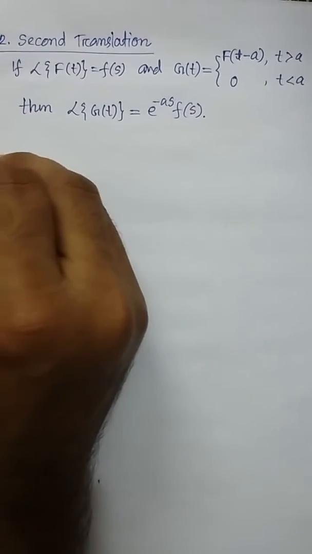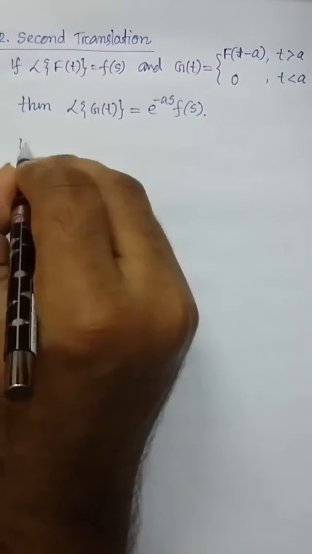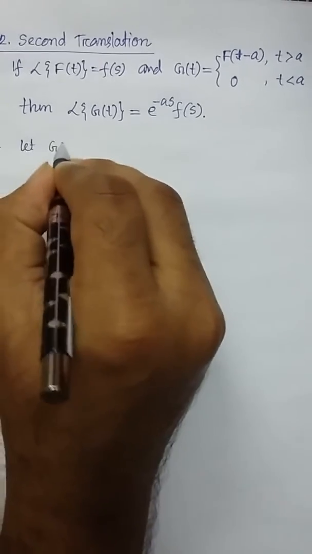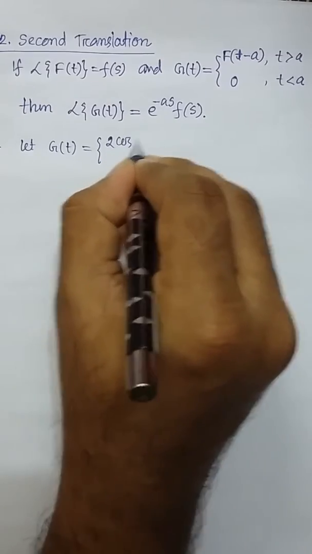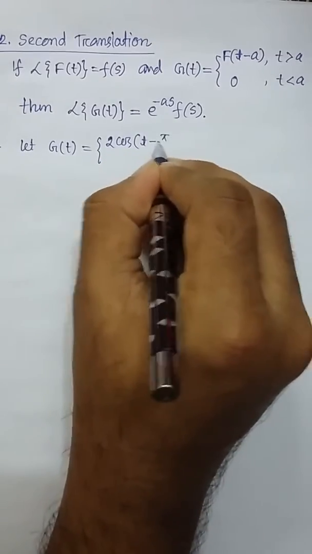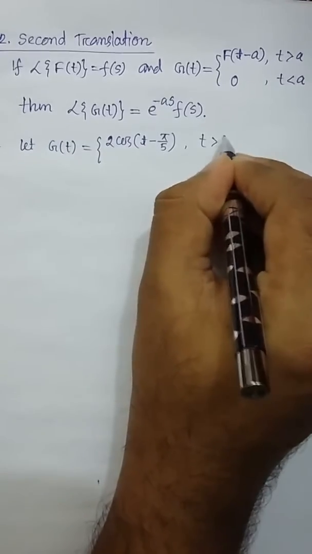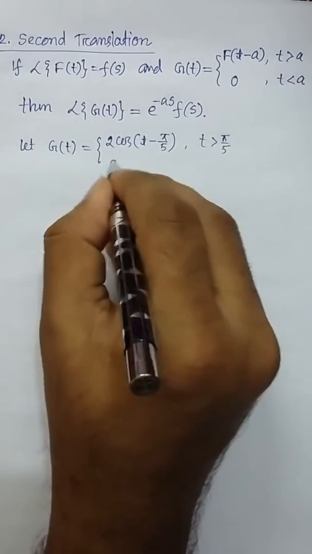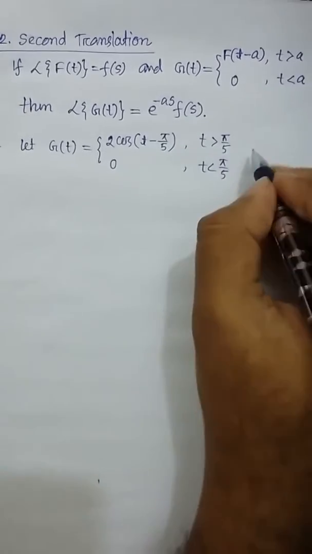As an example, suppose we let g of t equals 2 cos of t minus pi by 5 for t greater than pi by 5, and 0 for t less than pi by 5.